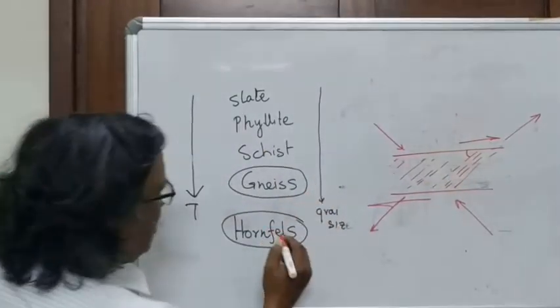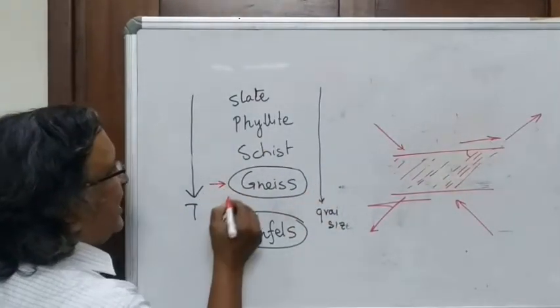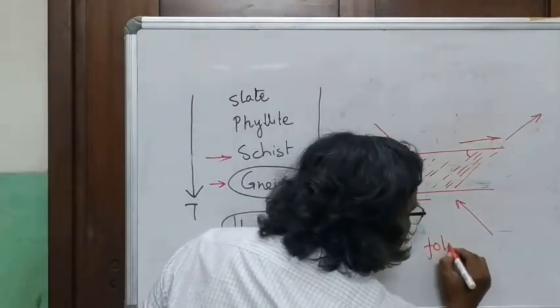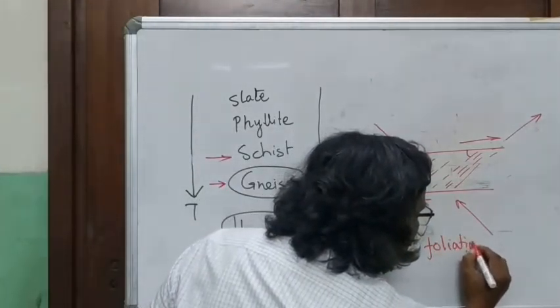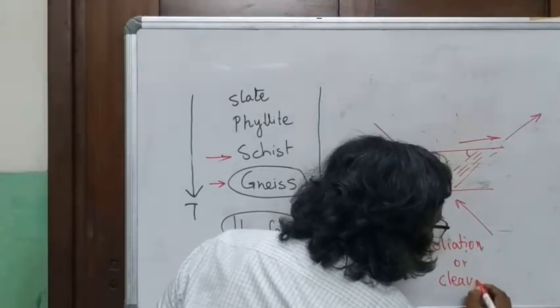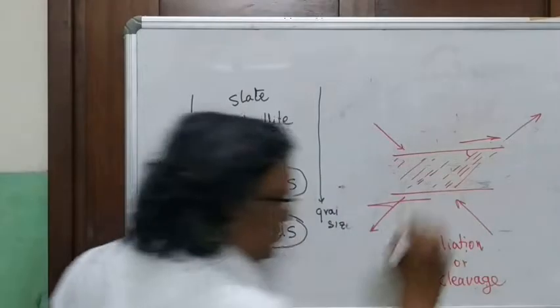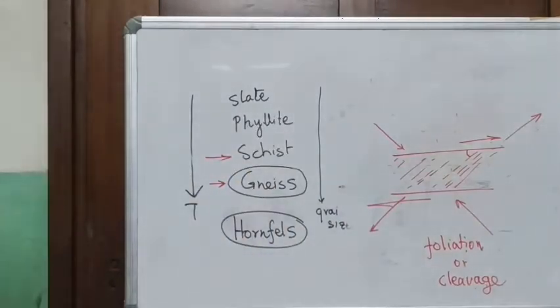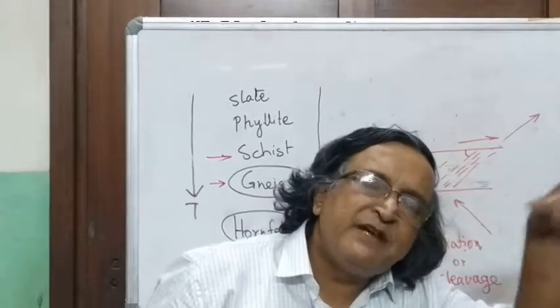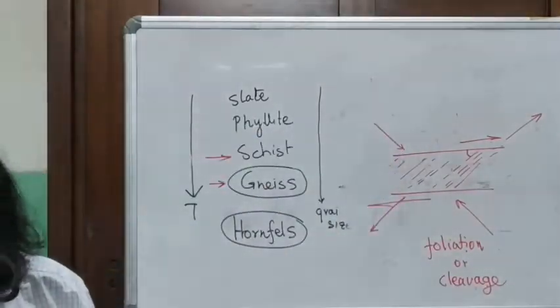This is what is called the gneissic foliation, the schistose. The term that is used is foliation or cleavage. Foliation or cleavage is the term used to refer to this parallel alignment of metamorphic minerals.